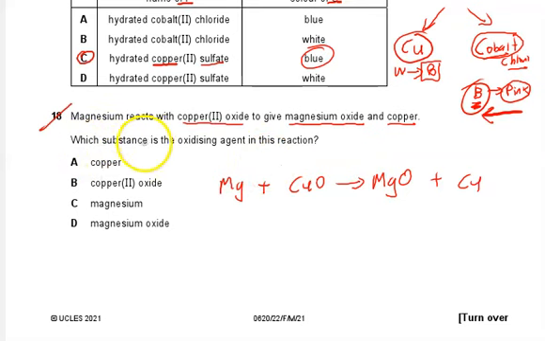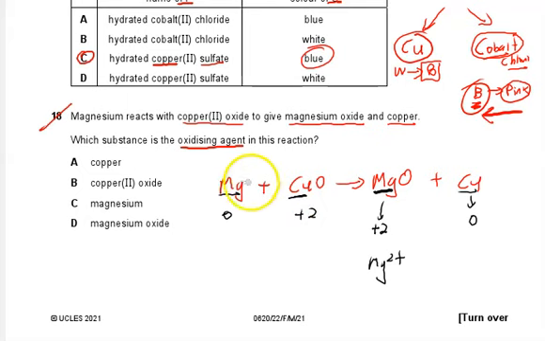Which substance is the oxidizing agent? Let me write down all the oxidation numbers. Magnesium is 0, and magnesium here will be 2 plus. Copper here will be 0, and copper here will be 2 plus.